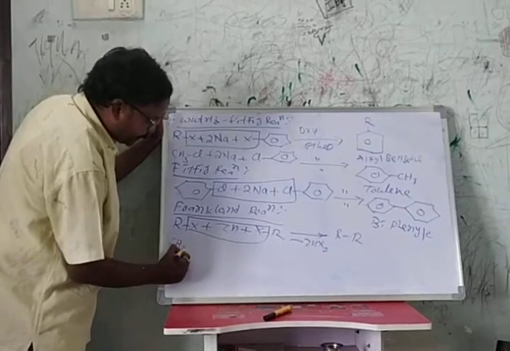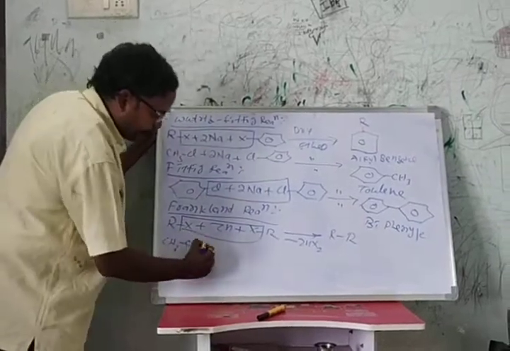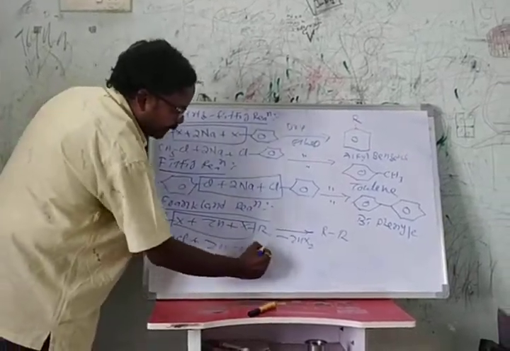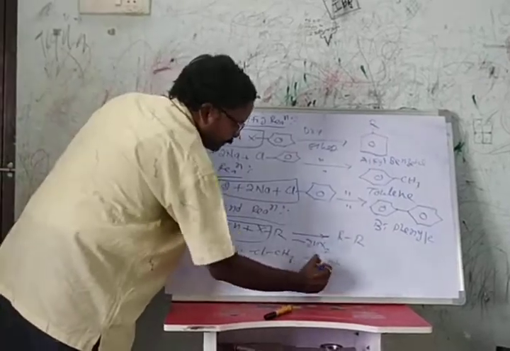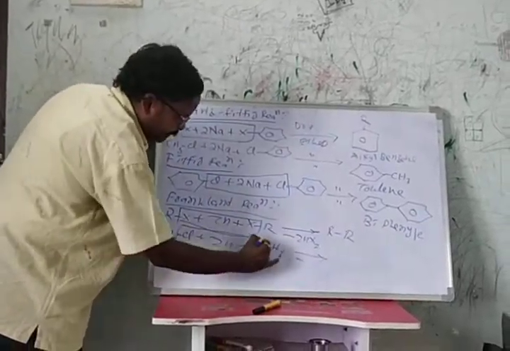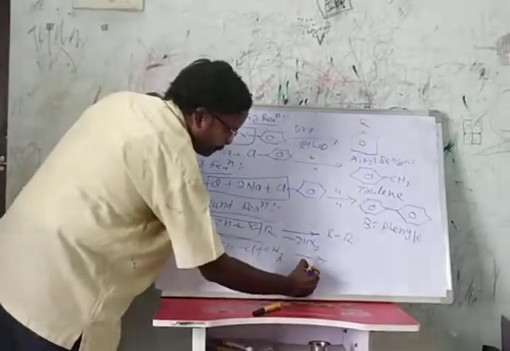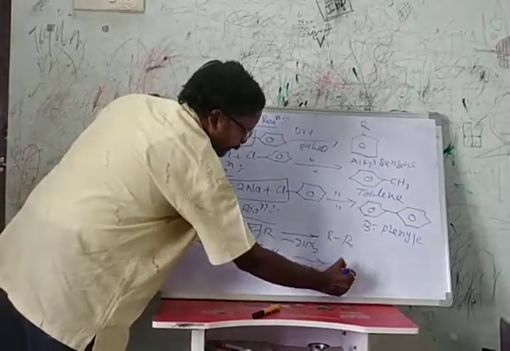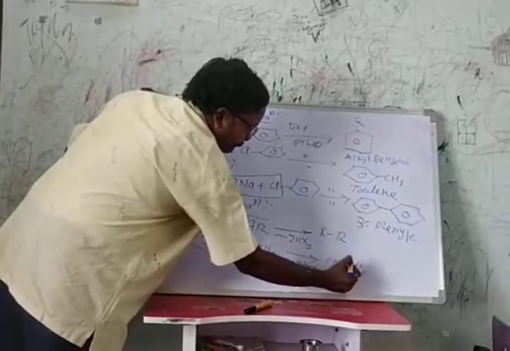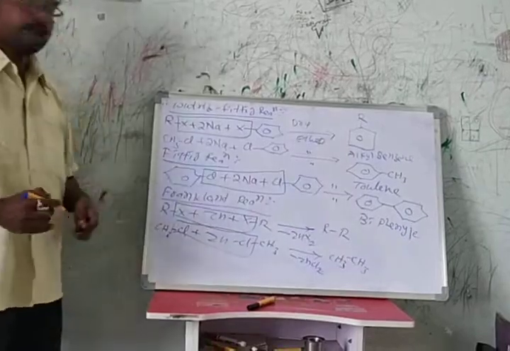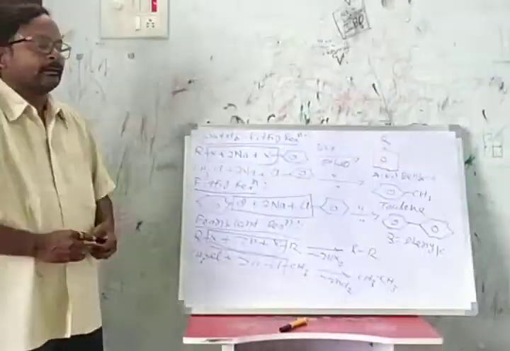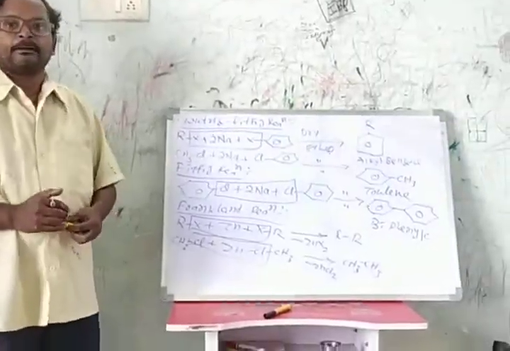Or take 2 moles of methyl chloride reacting with zinc; it loses zinc chloride and forms alkane. This is called the Franklin reaction.